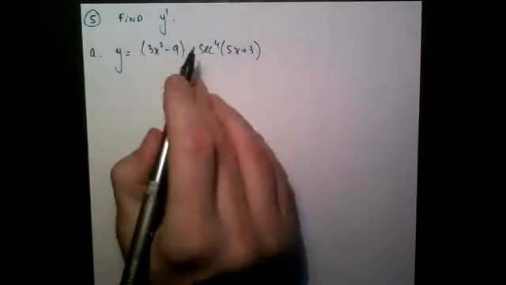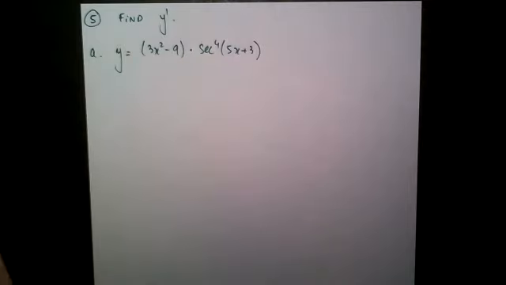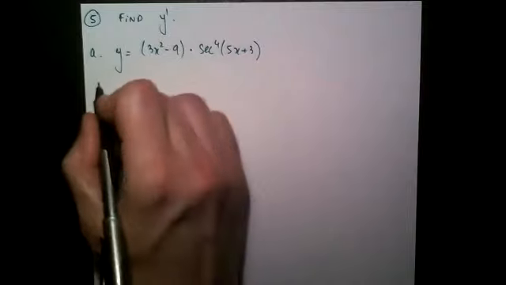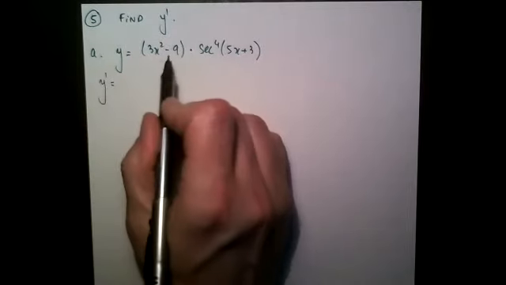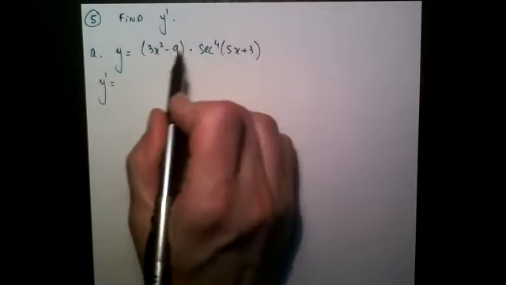Okay, so here there is a multiplication, so we have to do, of course, the product rule. Let's go. y prime equals u prime v plus u v prime.